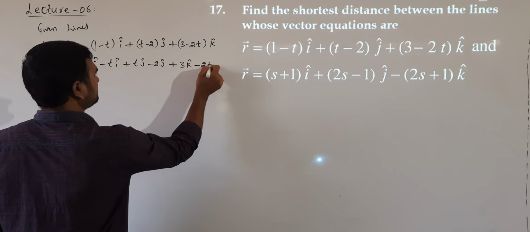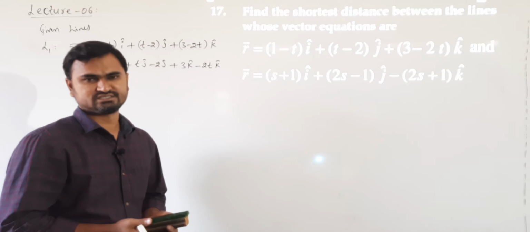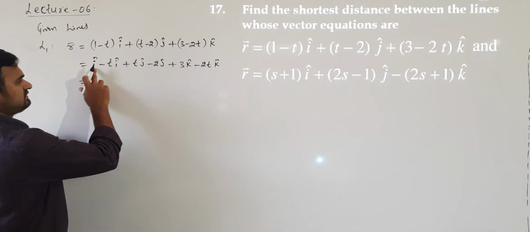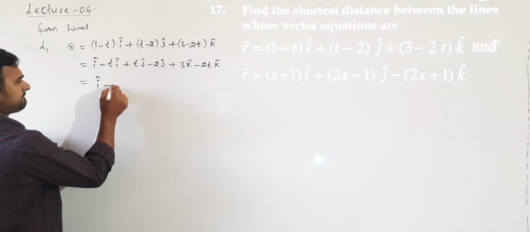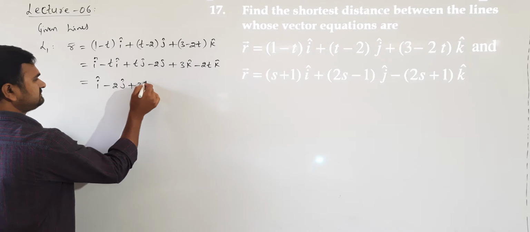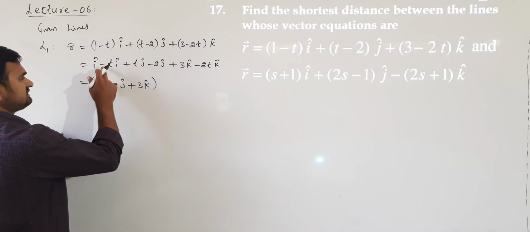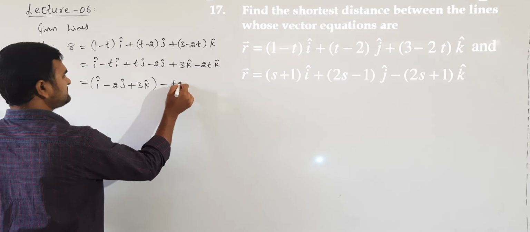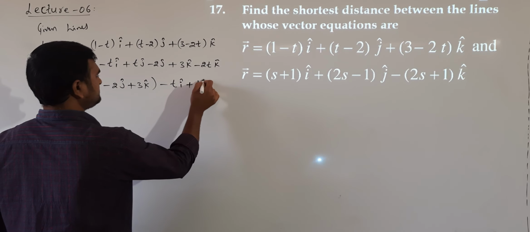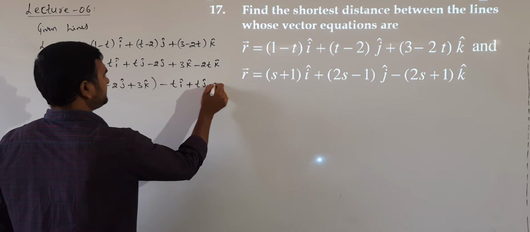Now what we do is separate the t terms and the remaining terms. See, i minus 2j plus 3k: these are the terms where there is no t. This is one term. Next, minus ti plus tj minus 2tk.